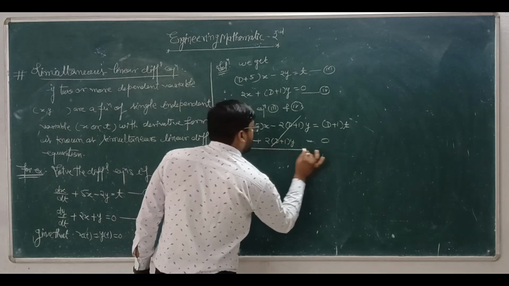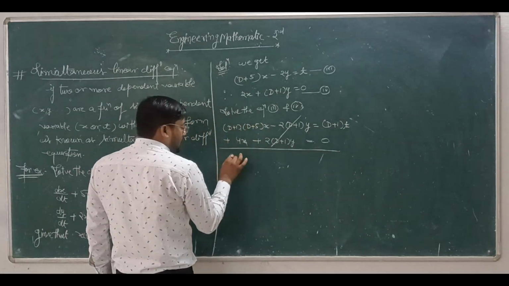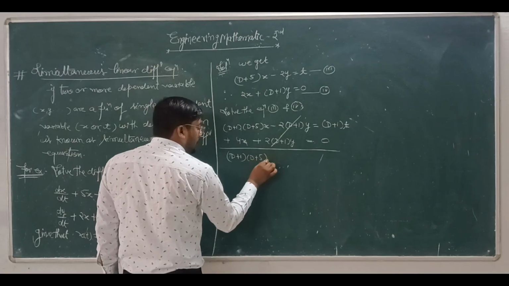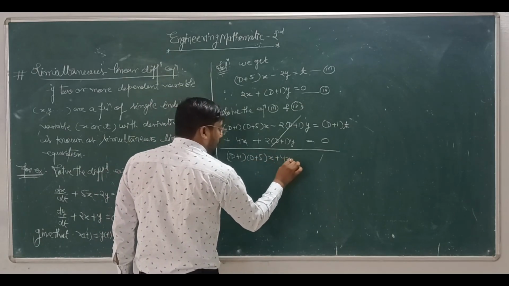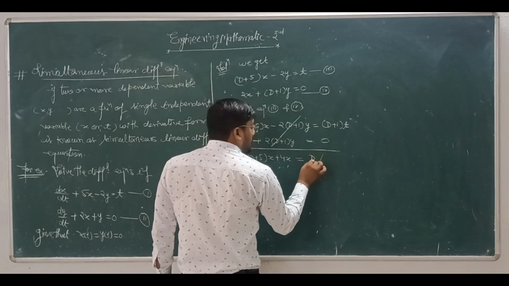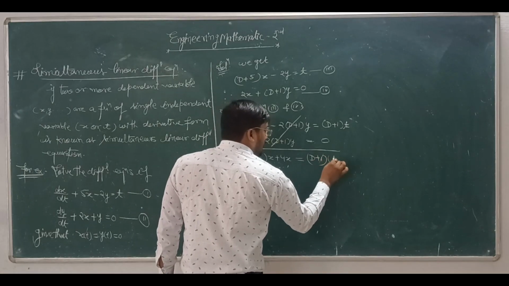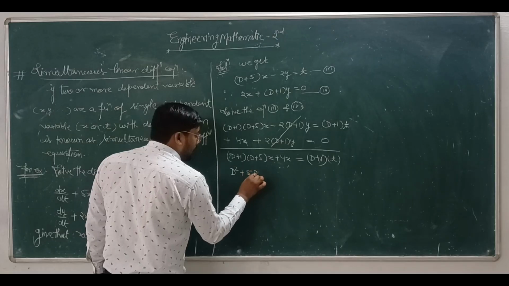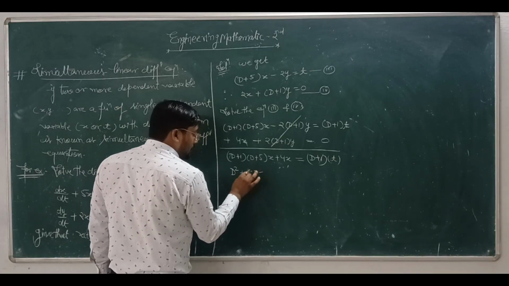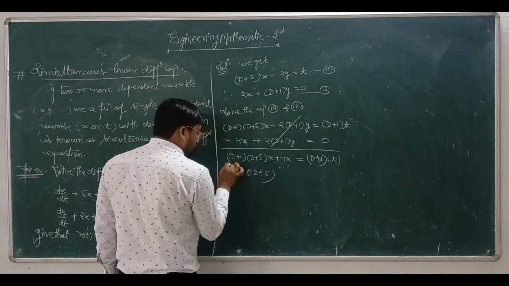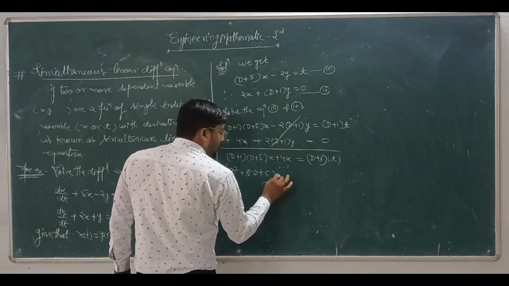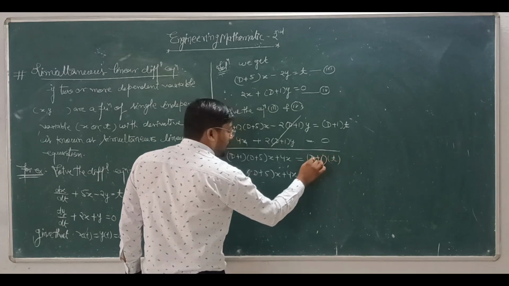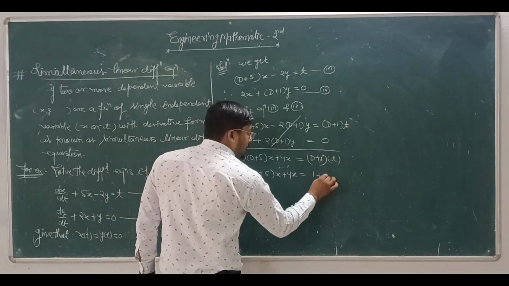You can write (D plus 1)(D plus 5)x plus 4x is equal to (D plus 1)t. Now D square plus 6D plus 5, plus 4, x is equal to the derivative of this function, 1 plus t.